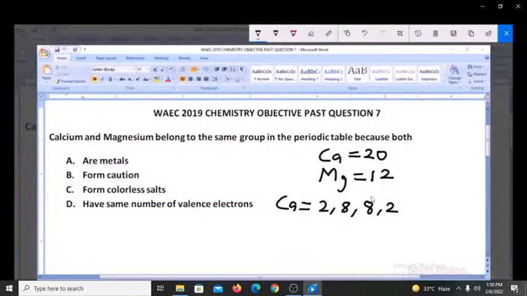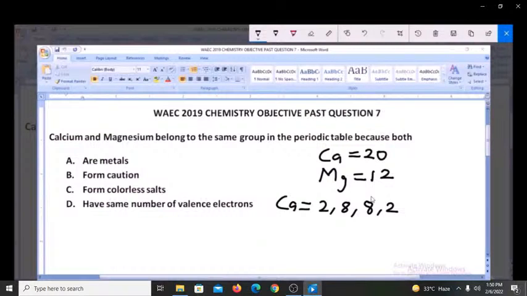So you have 2 electrons in the K shell. Then L, M, N can each take a maximum of 8 electrons. So L for calcium takes 8, M takes 8, and then N, which is the outermost shell in a calcium atom, has 2 electrons.